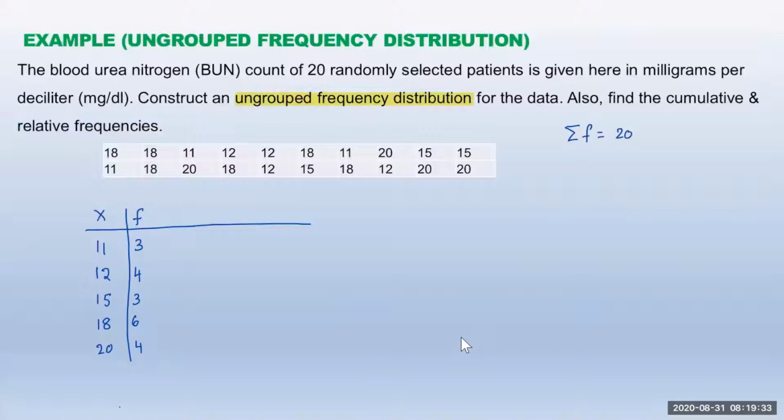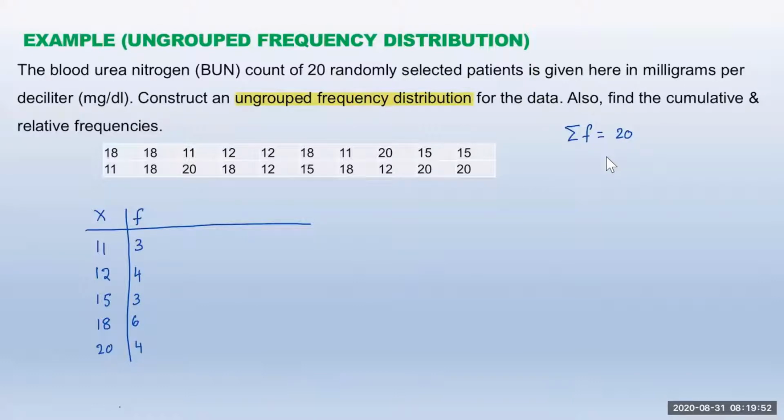This is how we write the sum: sigma f, the sum of all frequencies, is equal to 20, because 20 individuals were selected. Or if you count the data points here, there are 20 pieces of information. That's the meaning of that. So we constructed the ungrouped frequency table.